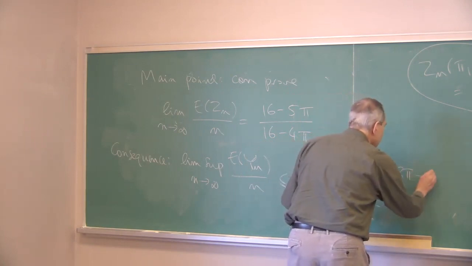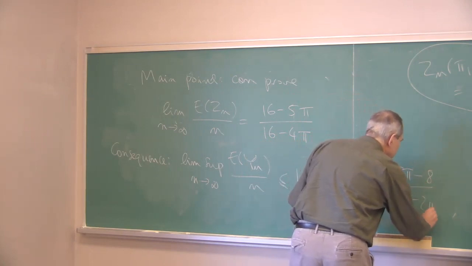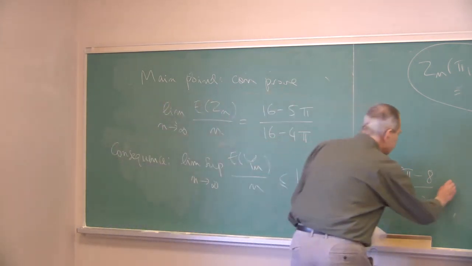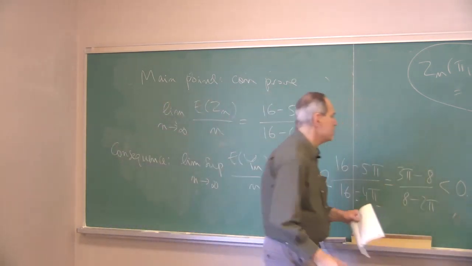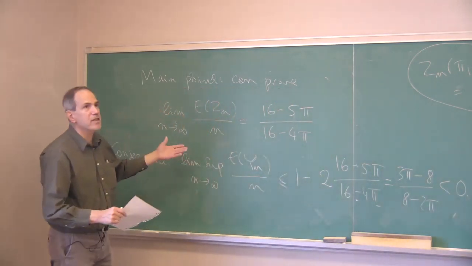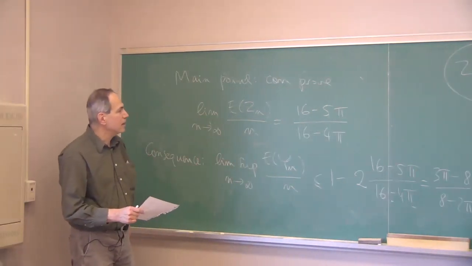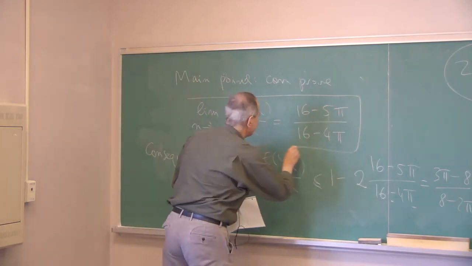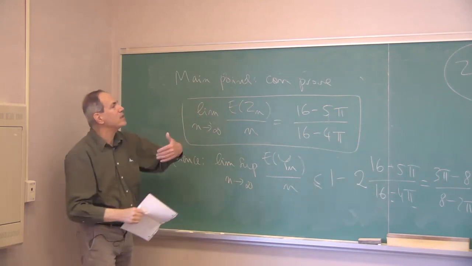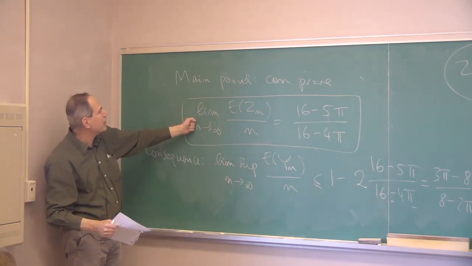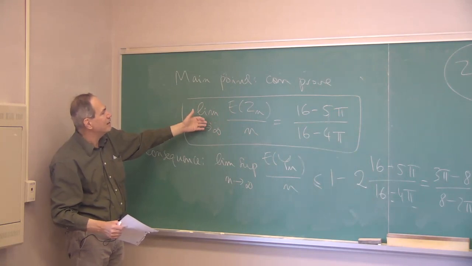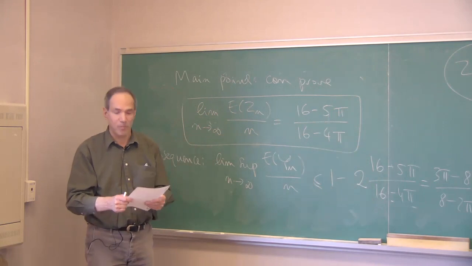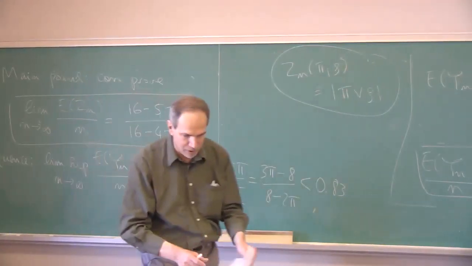This gives 3 pi minus 8 divided by 8 minus 2 pi, where fortunately 8 is indeed caught between 2 pi and 3 pi, and this is smaller than 0.83. So what I did was a number of reductions to actually showing that I can compute this Zn, and this is done by looking at some R transform gadgets. This is what I want to sell.